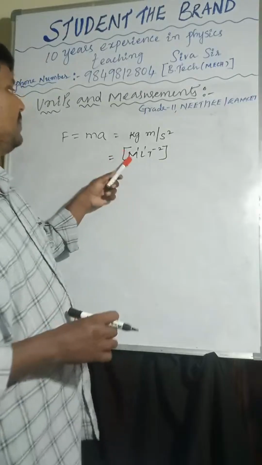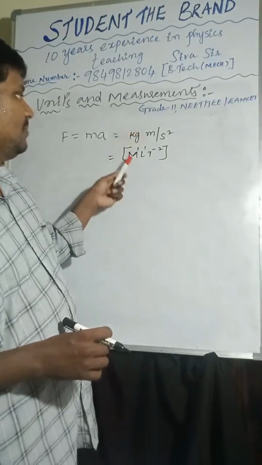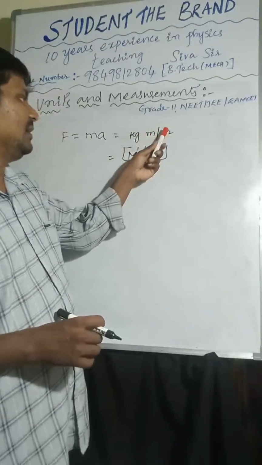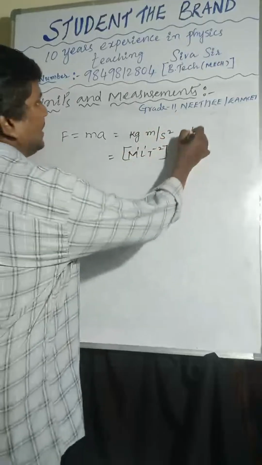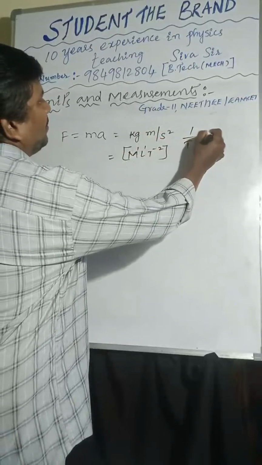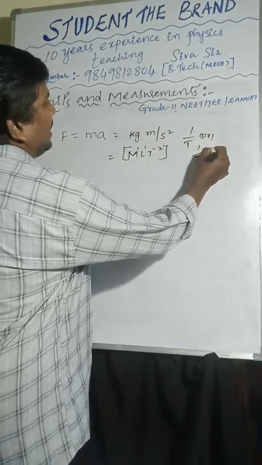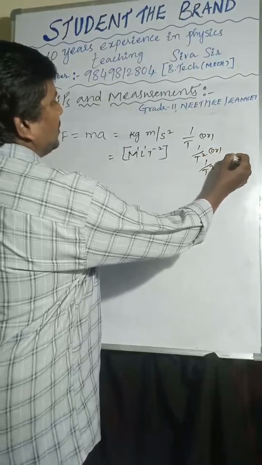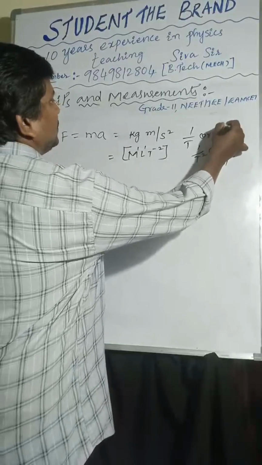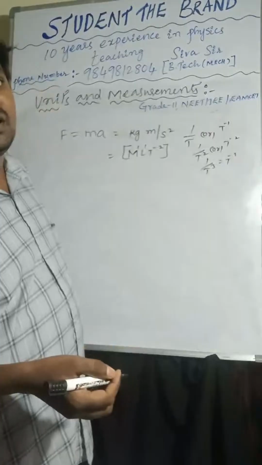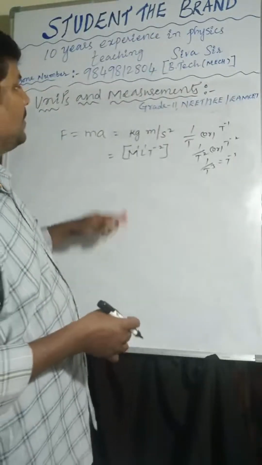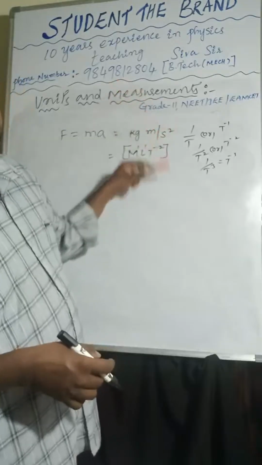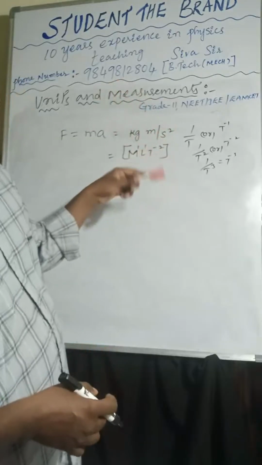So here M power 1, mass dimension formula is M power 1. Here length is L power 1. And here time is there. If anything is there like 1 by T, 1 by T square, 1 by T cube, we can write in this manner: T power minus 1, T power minus 2, T power minus 3. So 1 by T square is there, right? That one I am taking to the numerator.